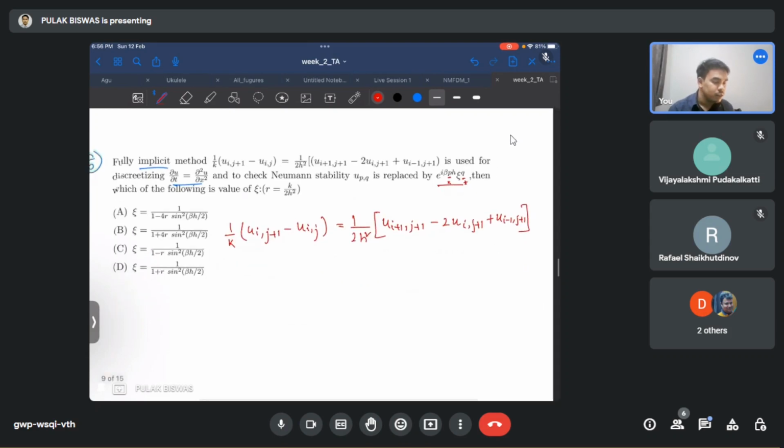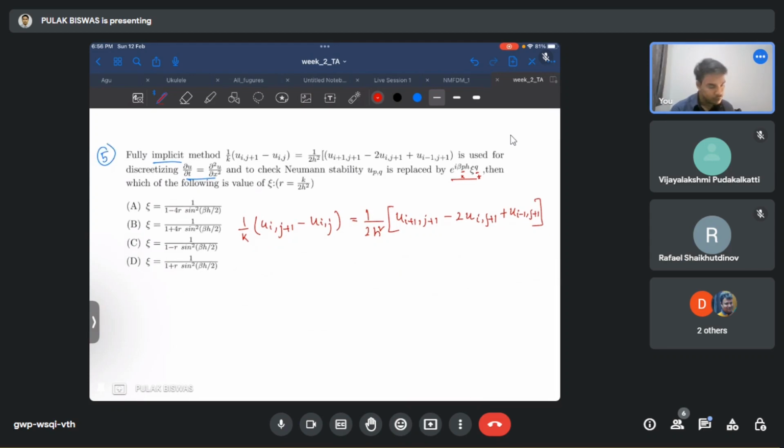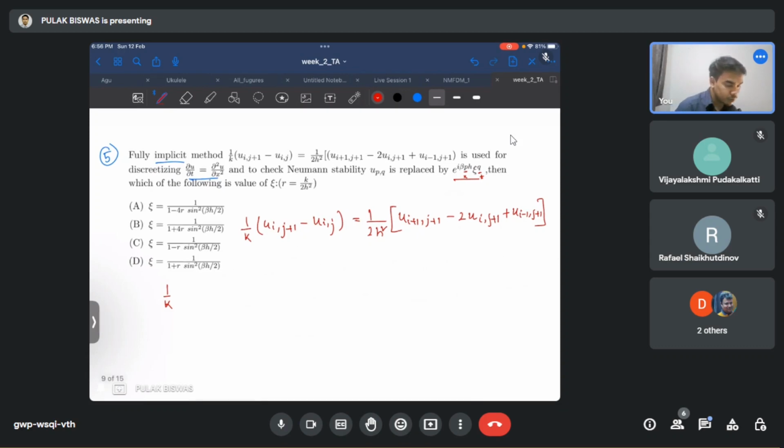So can you try this one, if you insert the value and simplify it, what is coming for this one? i is your x and j is your time, so it will be e to the i beta.